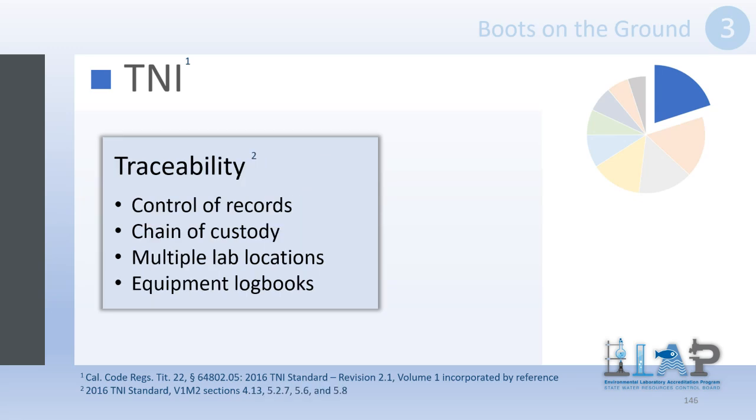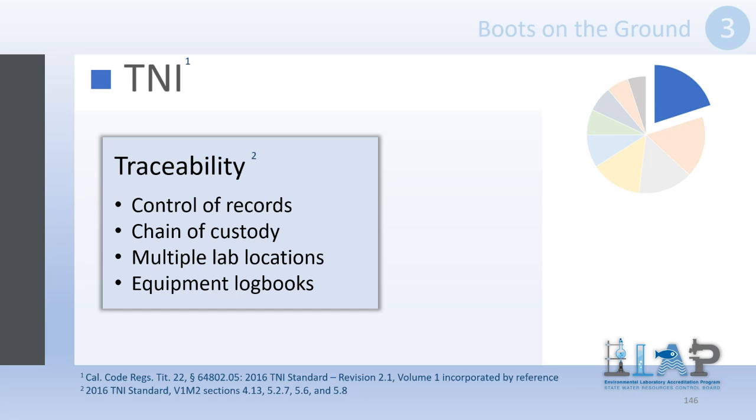The next big category is traceability. So traceability of records is crucial to laboratories. It's the primary way to demonstrate data integrity, and so it is a big focus when we go into laboratories. Is the control of records. So we did see issues with chain of custodies either not being clear or not being complete.